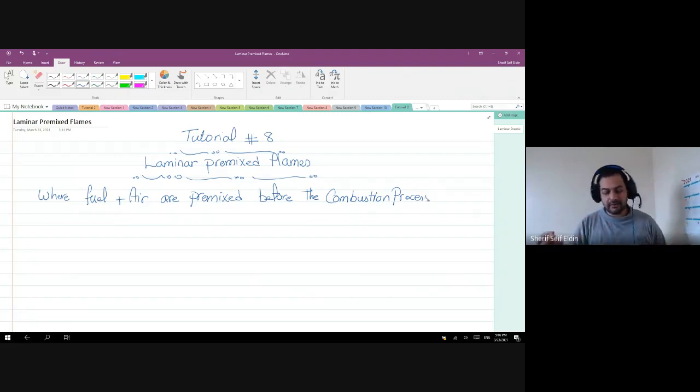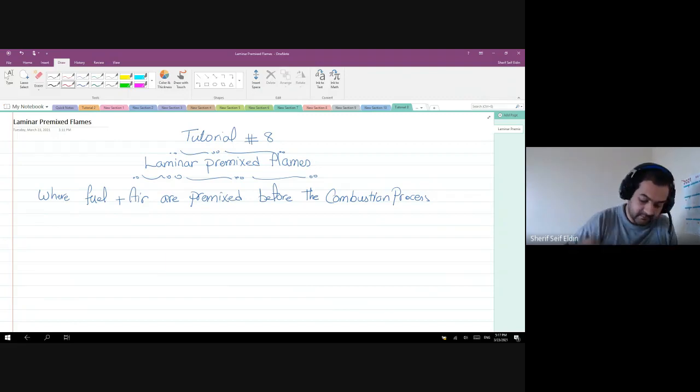How the premixing takes place is that the fuel and air are introduced, and they have to travel together for a certain length until they reach the burning point or the combustion point.